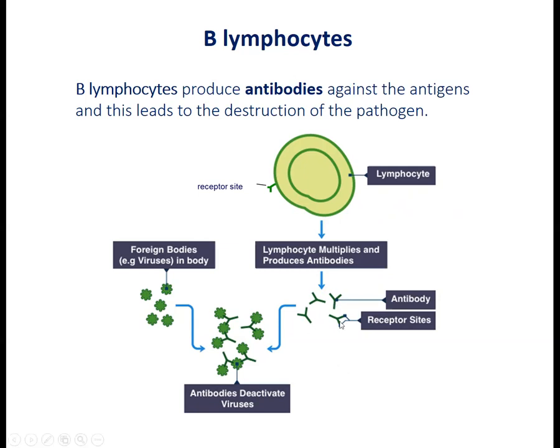Okay, so these are the Y-shaped proteins, and these antibodies have receptor sites on them that are specific to the antigen on the pathogen. Okay, so what they can do is that these antibodies combine with the pathogens and basically deactivate them, stop them from moving around the body, and they can keep them in one place.